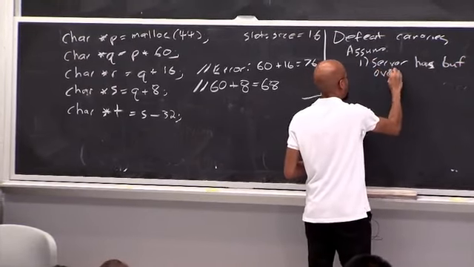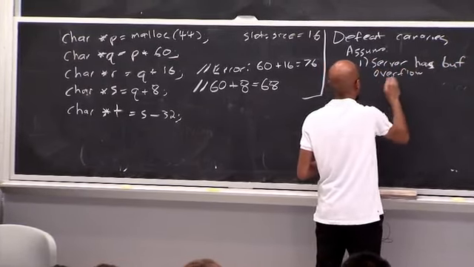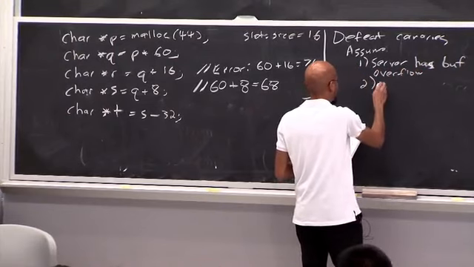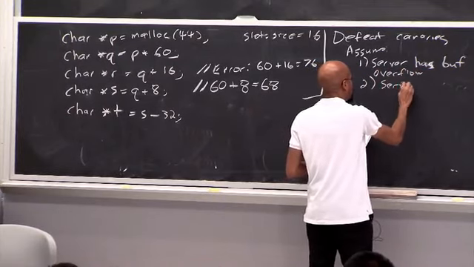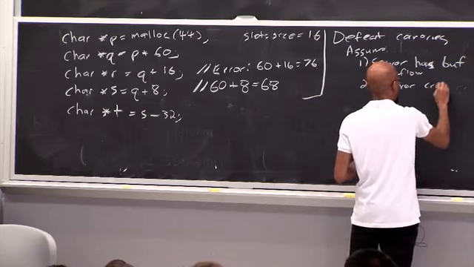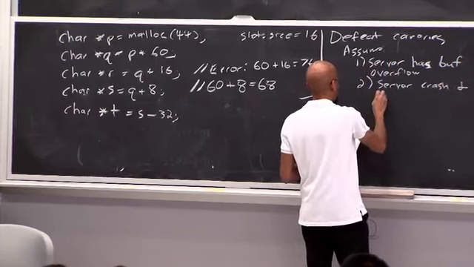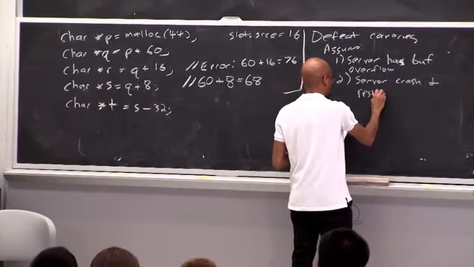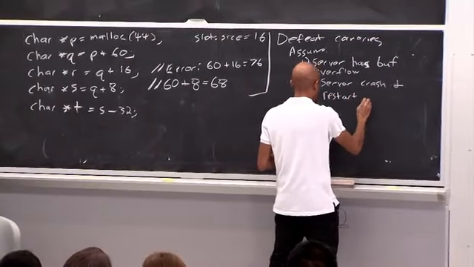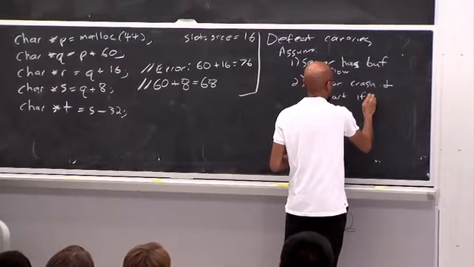The second thing that we're going to assume is that the server is going to crash and respawn, just restart, if we set the canary value to a bad one.